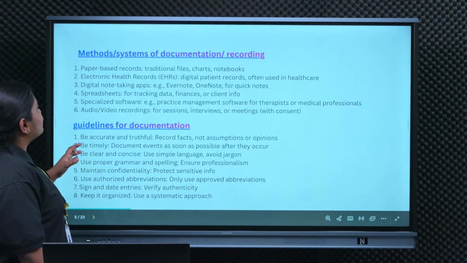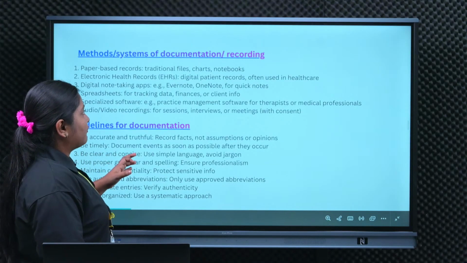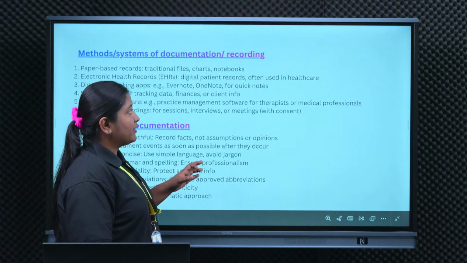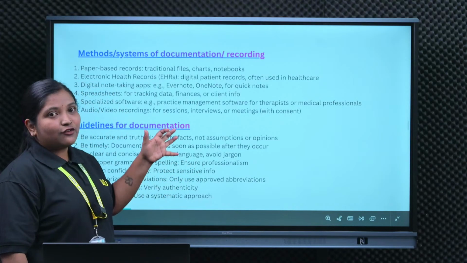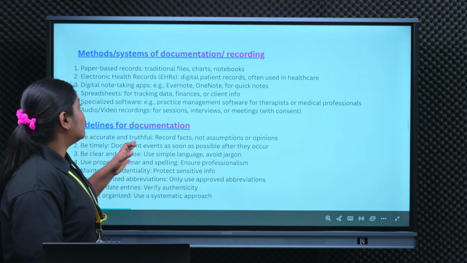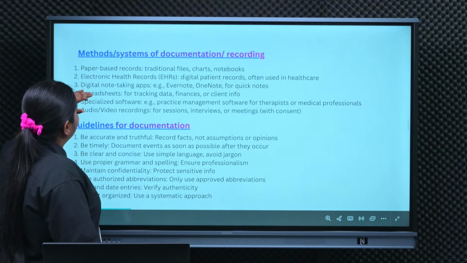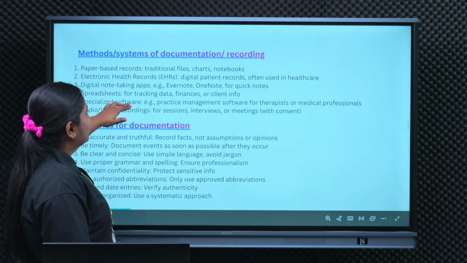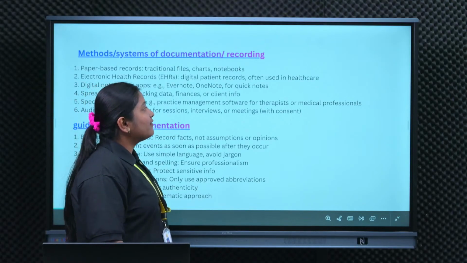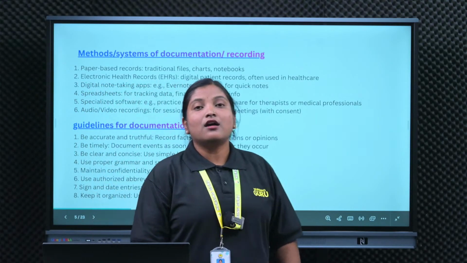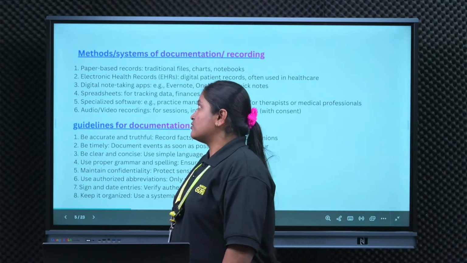Then digital note taking apps, for example Evernote and OneNote, for quick notes. You can see such apps on your phone also. The next one is spreadsheets, which we use for tracking data, finances or client info. That is also one of the methods.